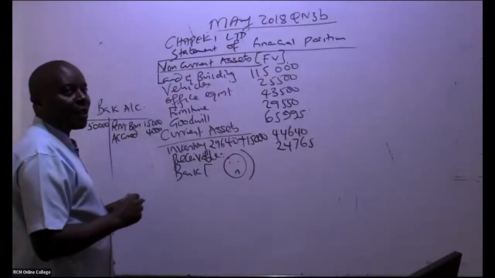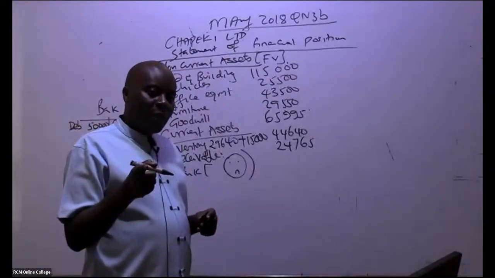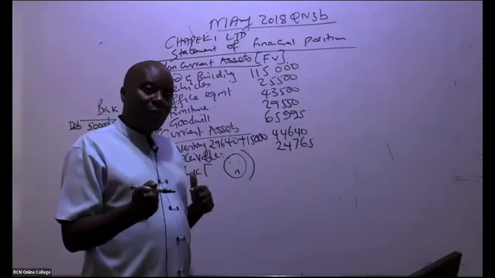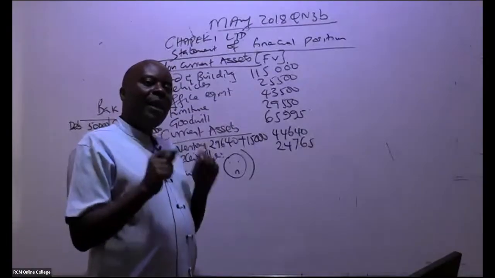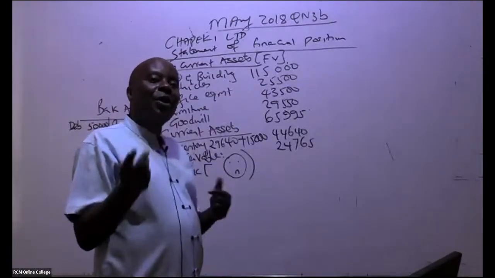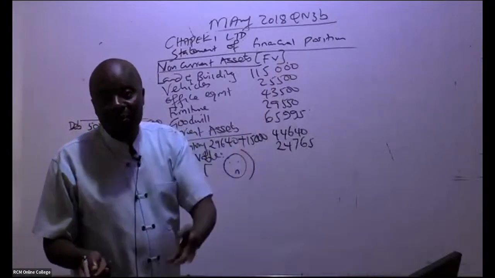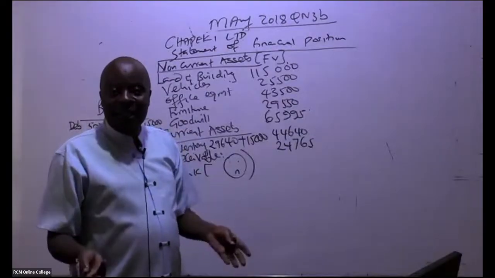In this bank account, do we have any balance that was brought forward? If they tell you that there is a bank overdraft, it is a balance brought down, but on the credit side. Once the proceeds come in, you don't have to be told that the bank overdraft was paid.